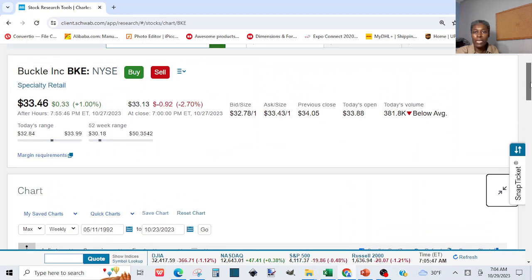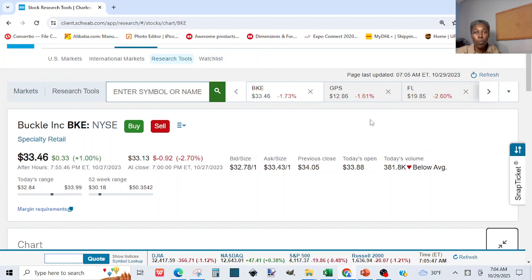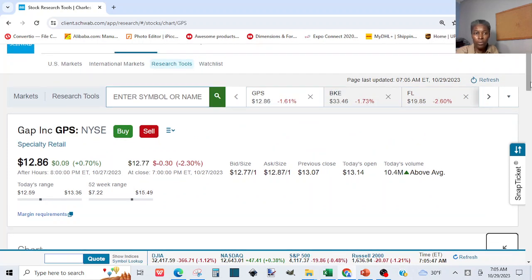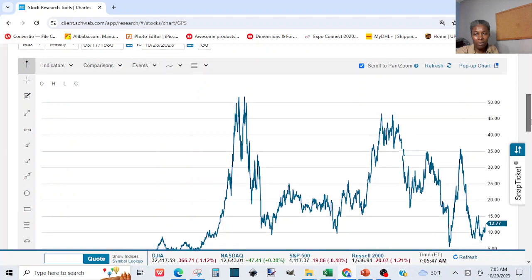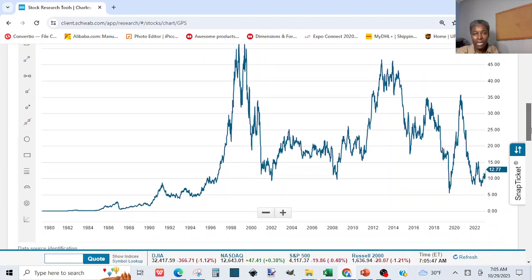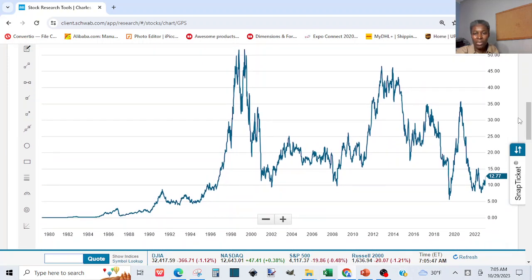So you can see that having both is good for your stocks if you don't mind the 4% they are paying, or after you invest in all the 6%. And this is the Gap. So you can see that the Gap is a little bit on the low side toward the end here, which is a good thing in a sense that you are not buying at a peak.